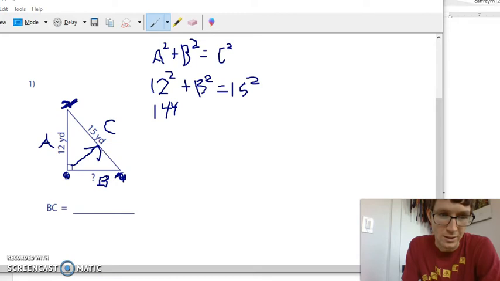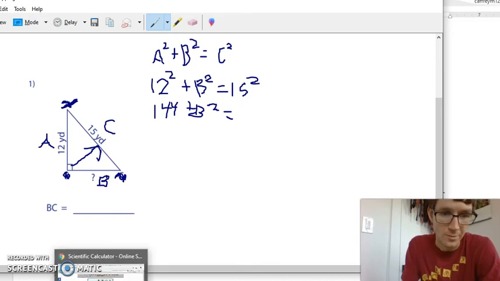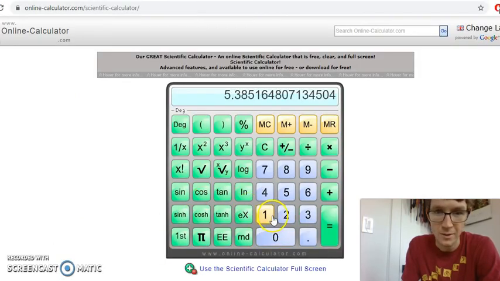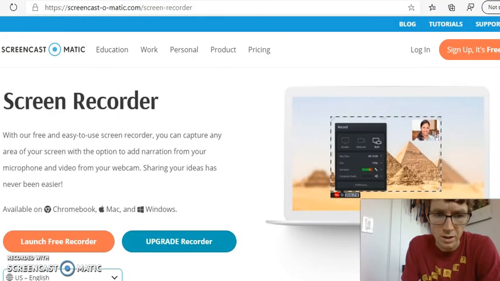You can always do that on your calculator if you want to, there's nothing wrong with that. Plus B squared equals 15 squared. 15 times 15 is 225. Yep, so 225.